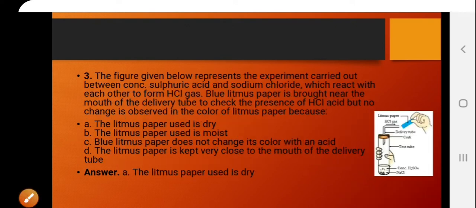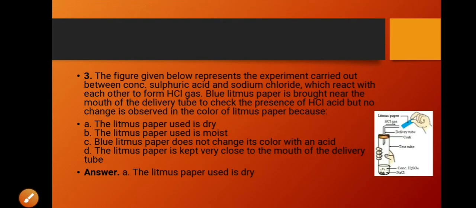Okay, that's clear. Then the third question is, the figure given below represents the experiment carried out between concentrated sulfuric acid and sodium chloride, which react with each other to form HCl gas. Blue litmus paper is brought near the mouth of the delivery tube to check the presence of HCl gas, but no change is observed in the color of the litmus paper.